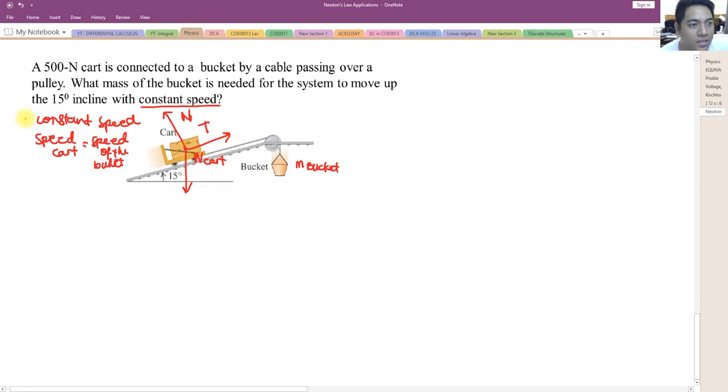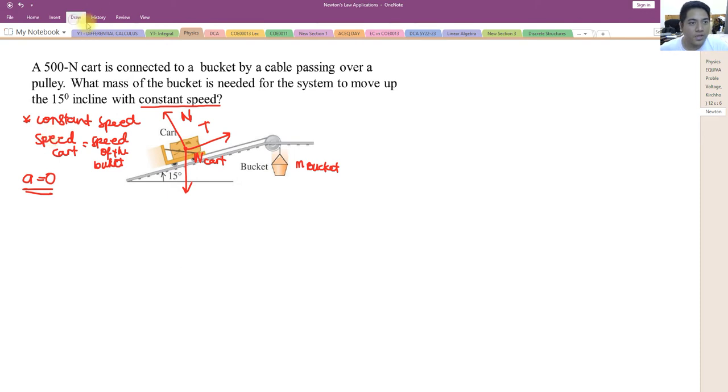If there is a constant speed, meaning the acceleration of the system should be 0. Kindly take note of that because there's no change in the velocity, so there's no acceleration. Fortunately there is no friction, so we will not have a problem with friction.